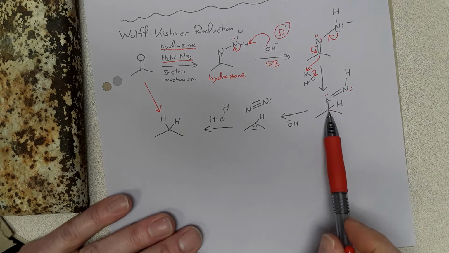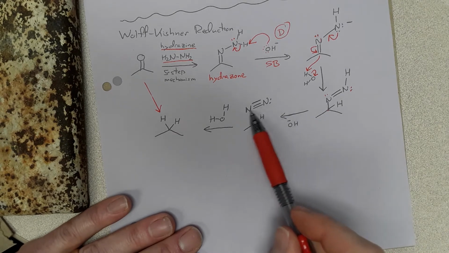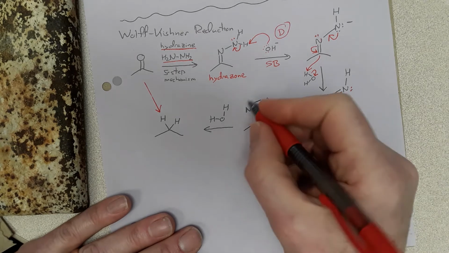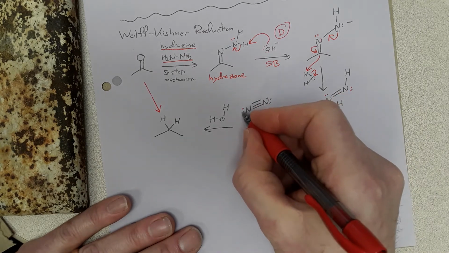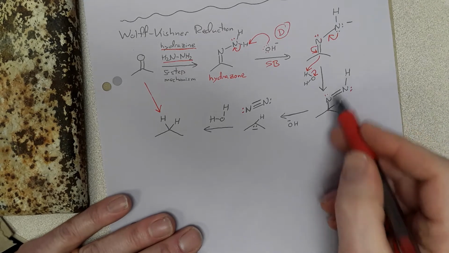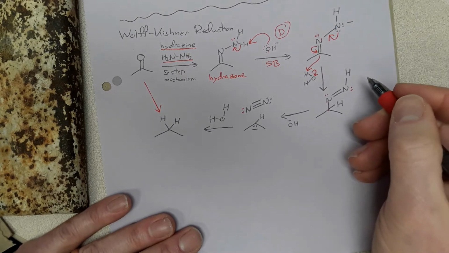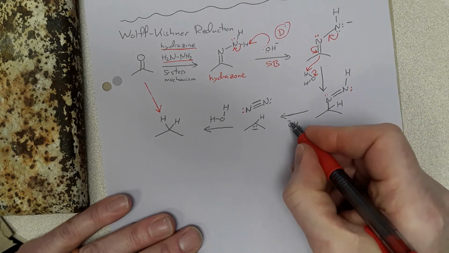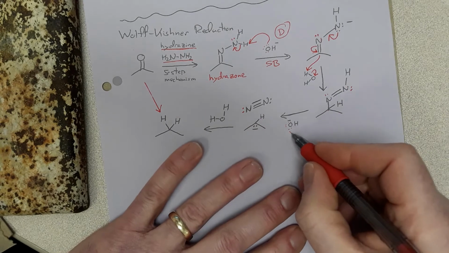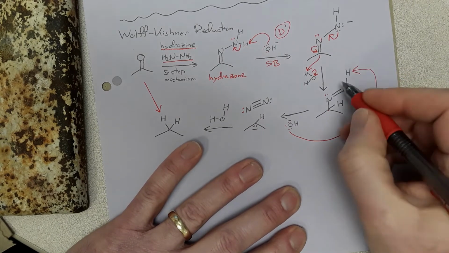Again, we're getting closer to where we need to be with another hydrogen here, and we've already been told that nitrogen gas is formed here, which has a lone pair on both nitrogens. And so we would have to get rid of the hydrogen, and we'd have to break this bond. So if we have a base in there, then again that base, like it did in the previous example, can pull off this proton.